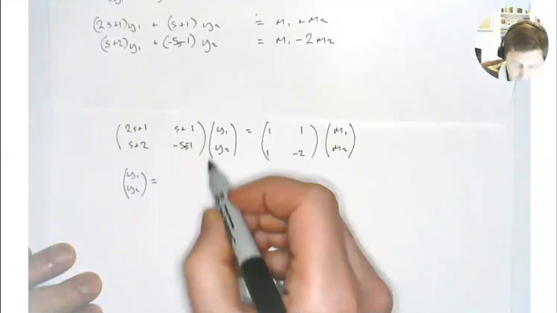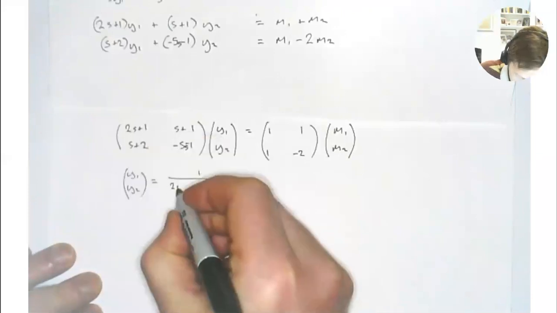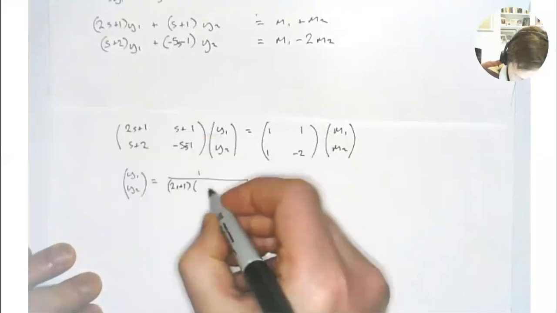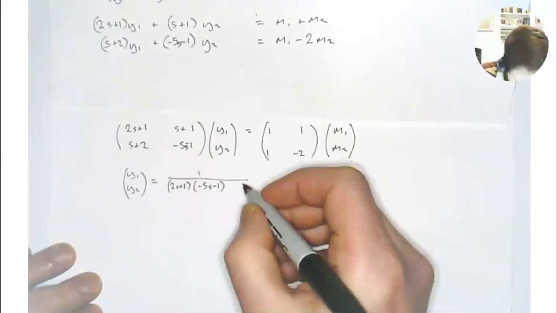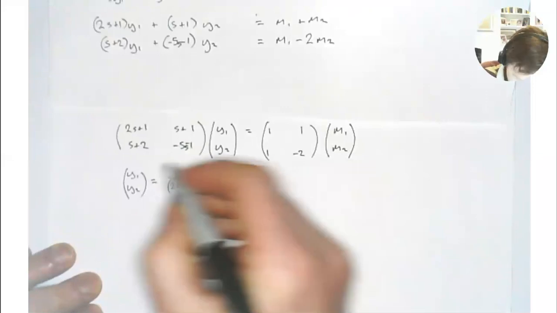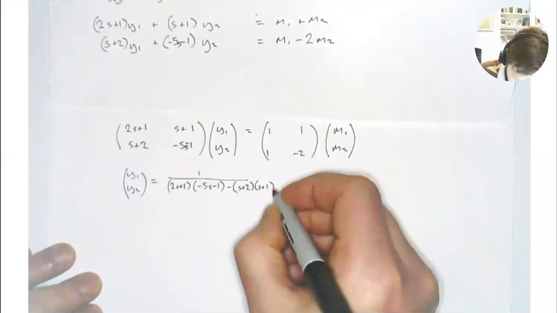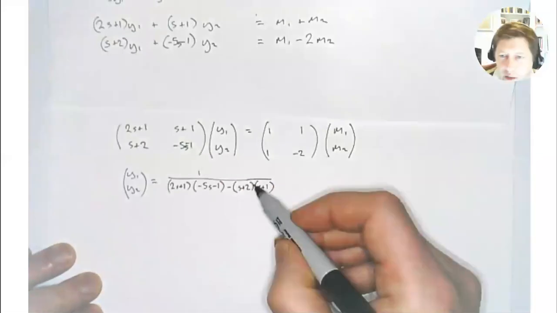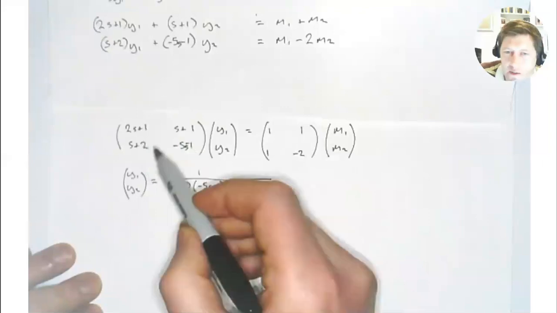So the inverse of the matrix is 1 divided by the determinant, which is 2s plus 1 multiplied by minus 5s minus 1 minus s plus 2 times s plus 1. So that's 1 divided by the determinant. And then we swap these two terms and make those two terms negative.